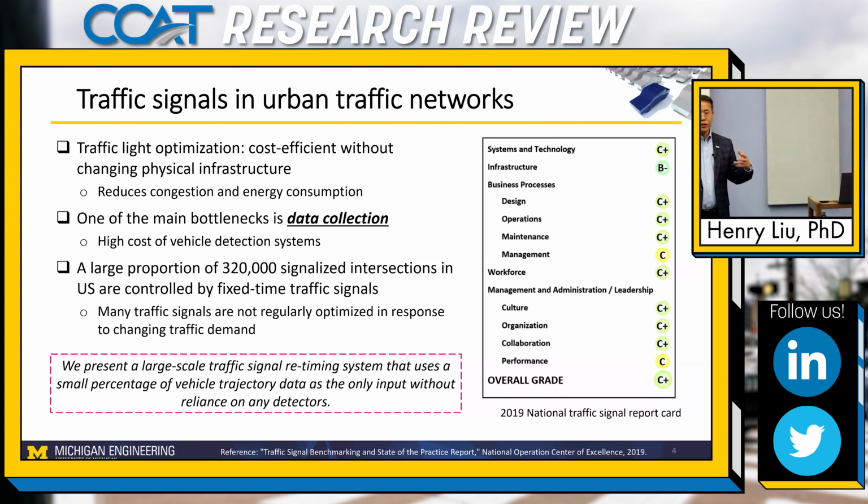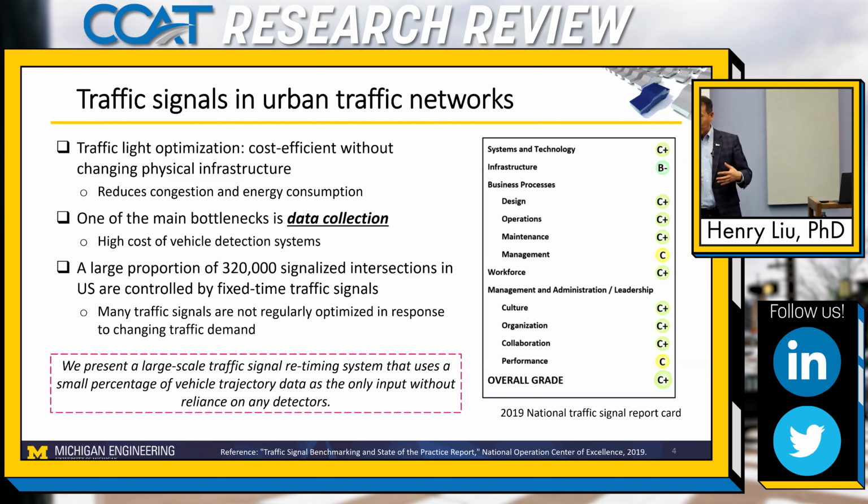$5,500 US. And you can think, if we have 300,000 traffic lights, just one time for these traffic lights takes a lot of money. So that's why we don't really do it that often. And every 3 to 5 years, we don't even do it once.